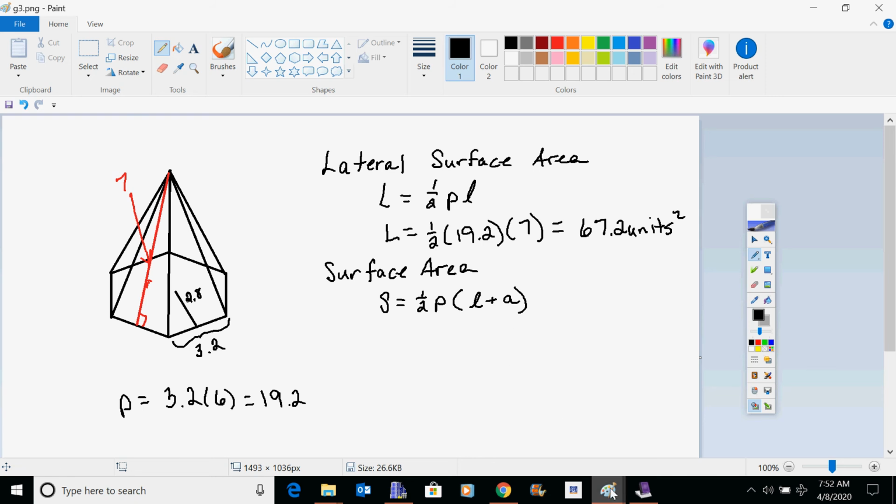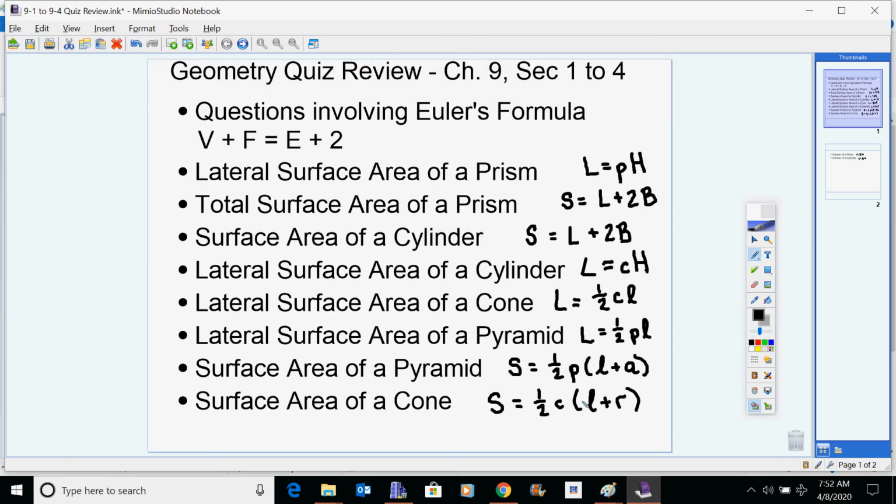So you might want to just say that you're going to take L plus B. That's another way of doing it for both the surface area of a pyramid or the surface area of a cone. Once you have the lateral, you can just add the area of the base, whichever is easiest for you. Or if you're going straight to it, you can use this formula.